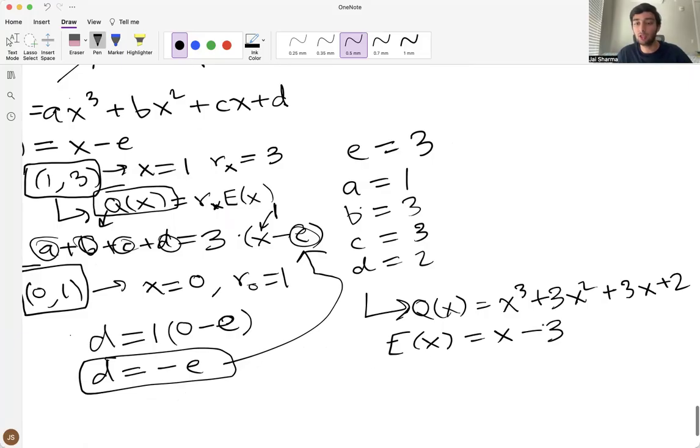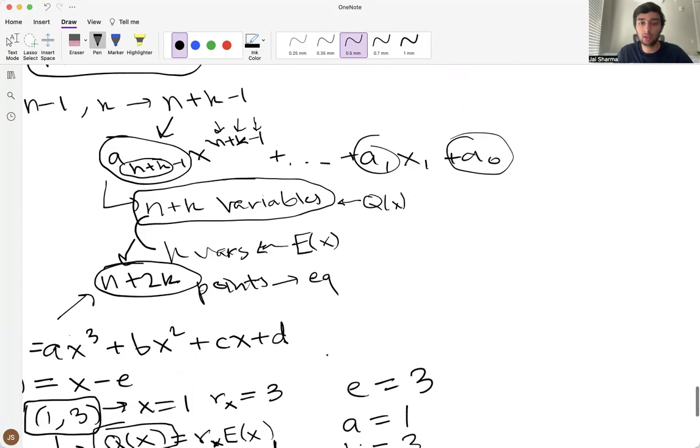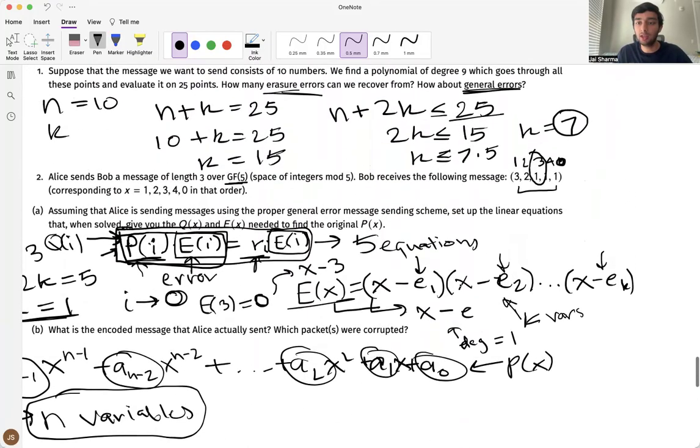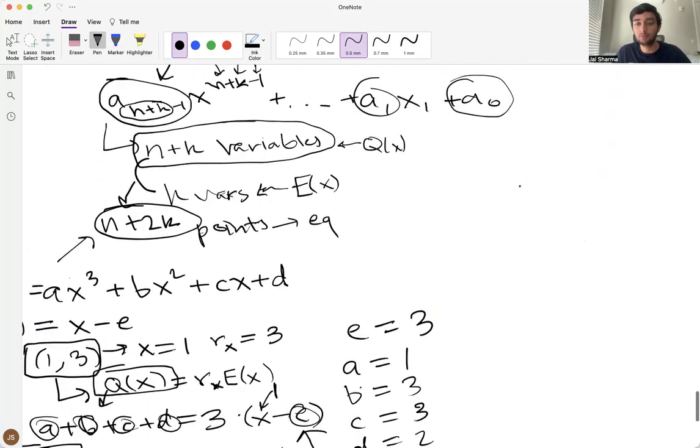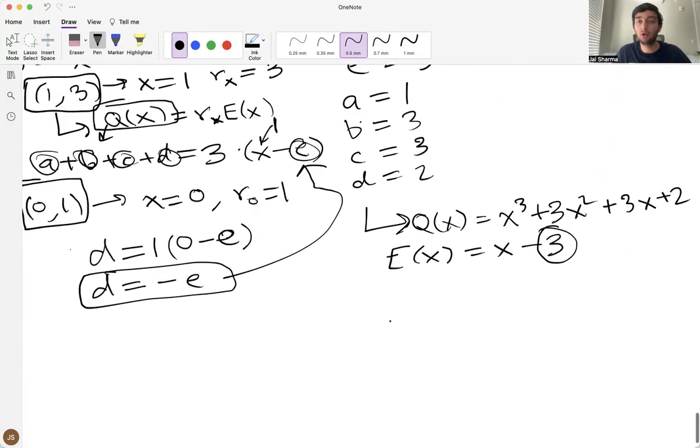That's the solution for finding out which one was the error, right? The error was at the 3. I took that just as an example, but that ended up actually being the answer. So this point right here, 3, 1, that's the one where the error is. That's what we've solved for.